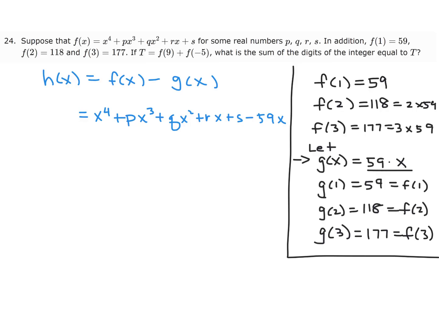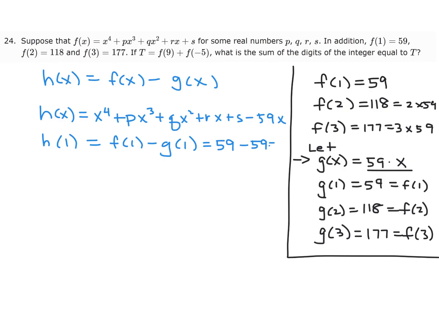Well, one thing is for sure, that we know the roots. h at 1 would be f at 1 minus g at 1. And f at 1 is 59, and g at 1 is also 59.